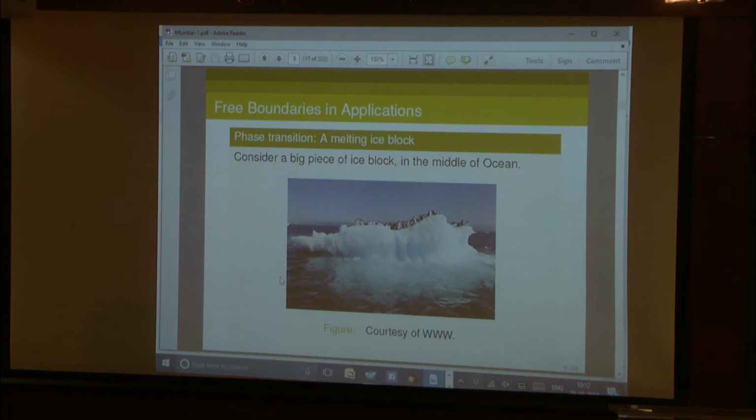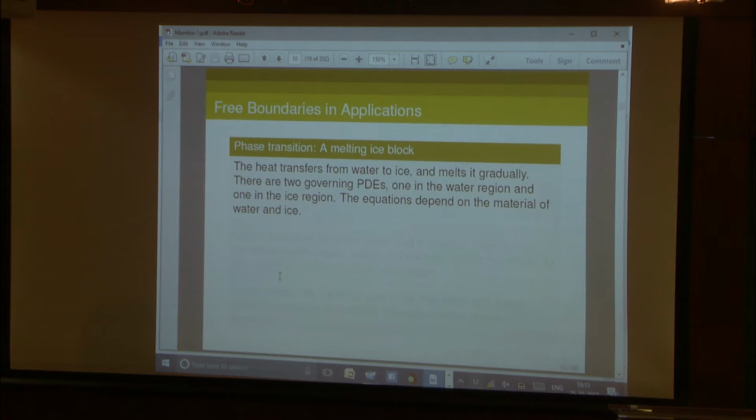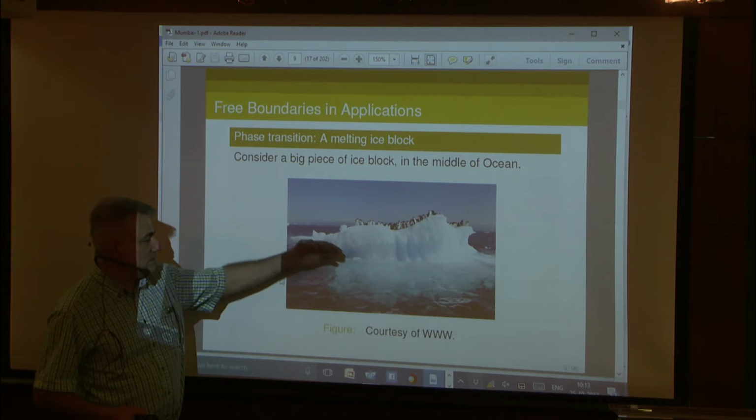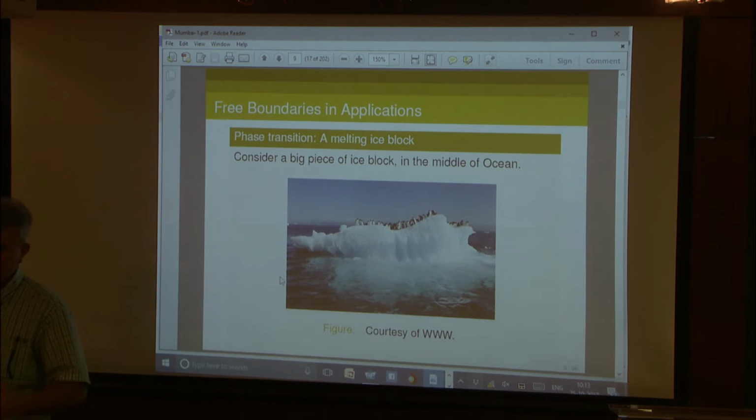So let me go further. Then we saw examples like this. It's a heat flow, so the heat is affecting the iceberg here and tries to melt it, and there is a balance of the energies inside the ice and inside the water, and there's a sort of kinetic energy or latent energy exactly at the frontier of ice.